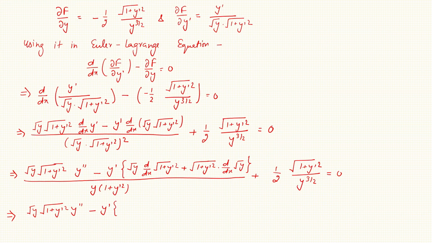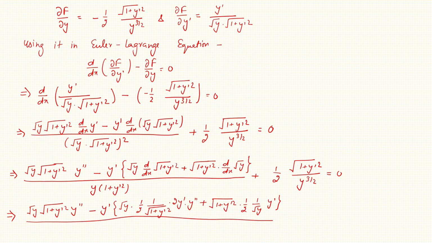This will be √y into 1/2, 1 upon √(1 + y′²) into 2y′ into y″, plus √(1 + y′²) into 1/2 into 1 upon √y, upon y(1 + y′²) plus 1/2 √(1 + y′²) upon y to the power 3/2 is equal to 0.